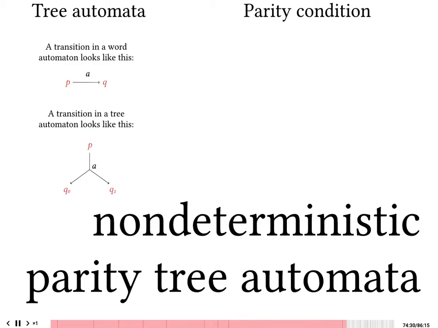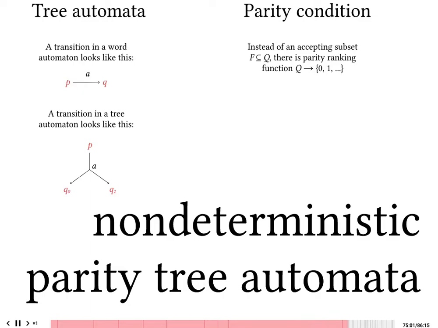And what is the parity condition? It turns out that a non-deterministic tree automaton with a Büchi condition, that is, with an accepting set of states, is not going to be expressive enough to cover MSO, but there is a generalization called parity, which does the job. It works as follows. Instead of having an accepting set of states, and the requirement being that you see an accepting state infinitely often, you have a more complicated acceptance condition.